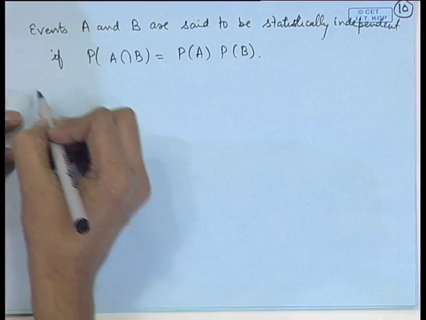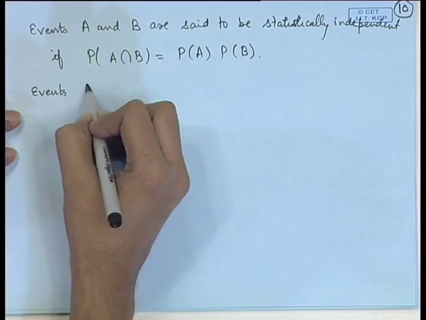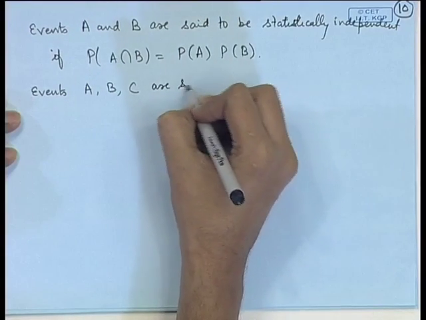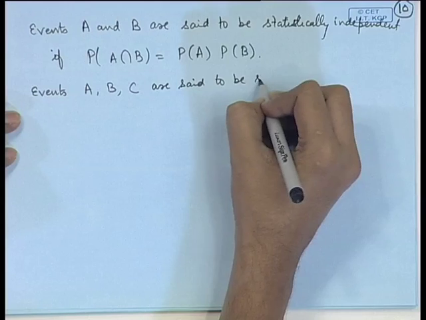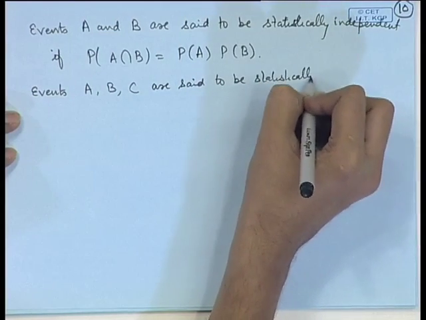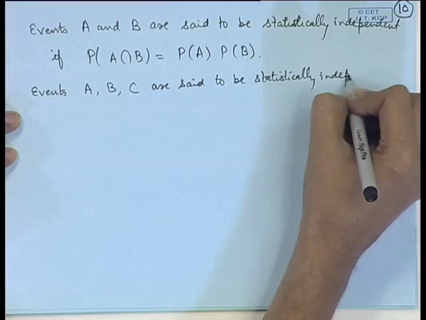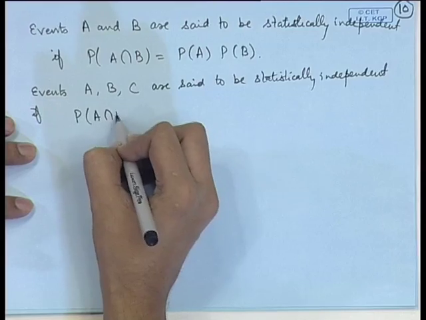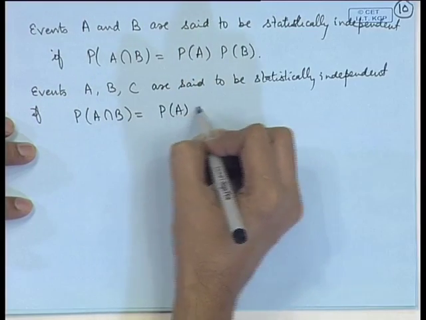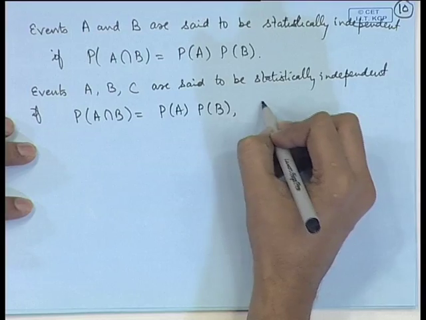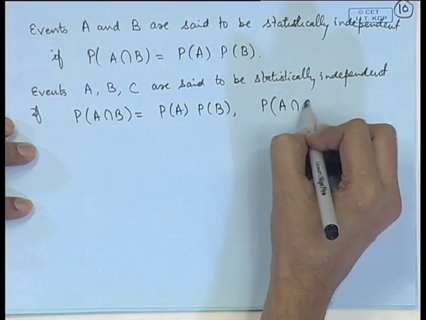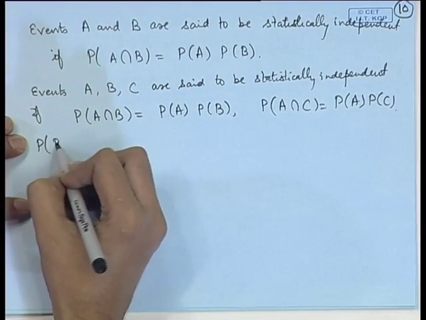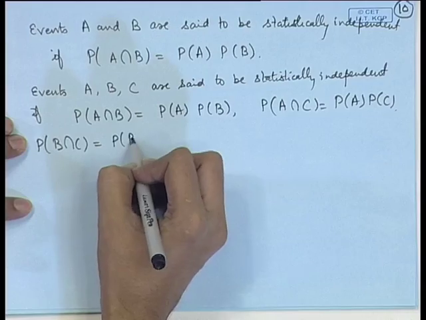Let us consider say events A, B and C. Then events A, B and C are said to be statistically independent if probability of A intersection B is equal to probability of A into probability of B, probability of A intersection C is equal to probability of A into probability of C, probability of B intersection C is equal to probability of B into probability of C.